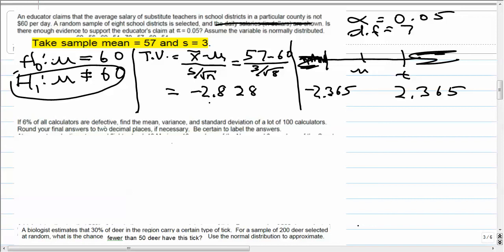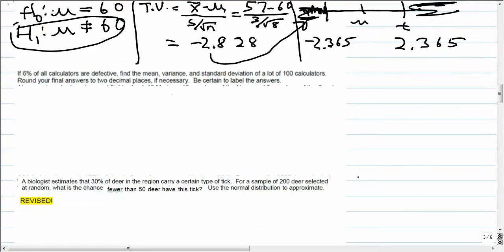Since this value here lies in this rejection region, we are going to reject. We will be rejecting the null hypothesis in favor of the alternative at a level of 0.05. Okay? That is a 5% chance that we are going to make a type 1 error and reject it when it's actually true that there is no difference. All right? Moving on to the next problem.